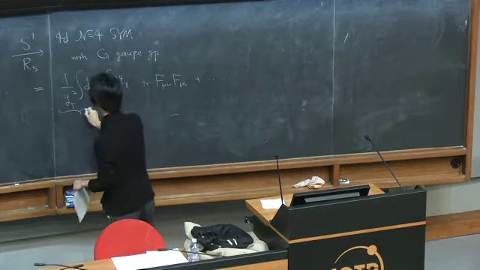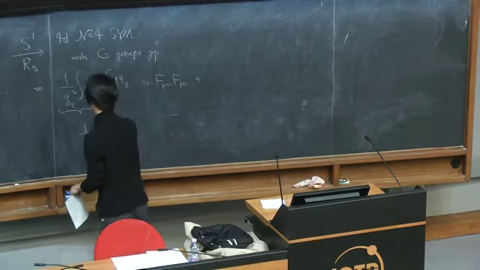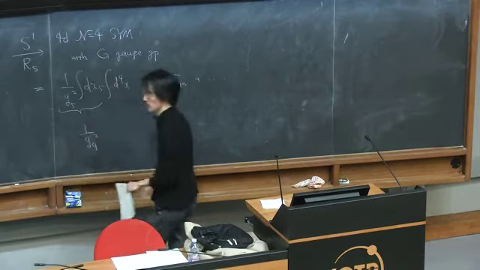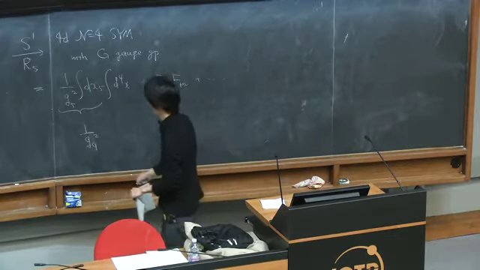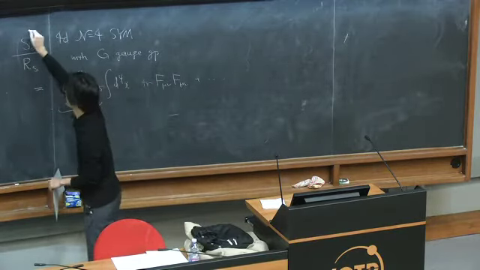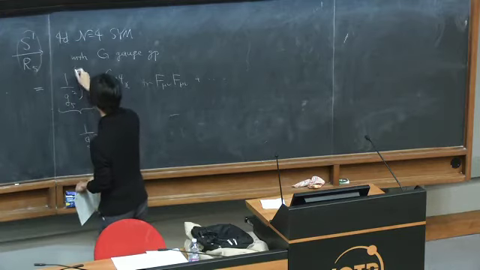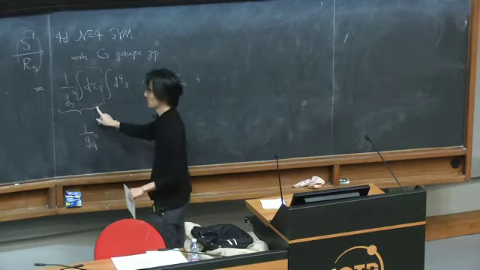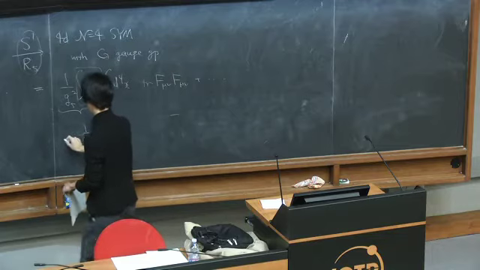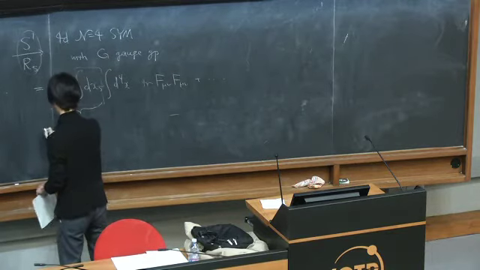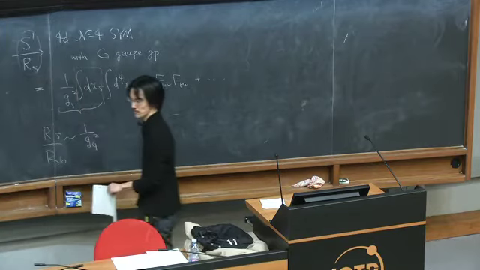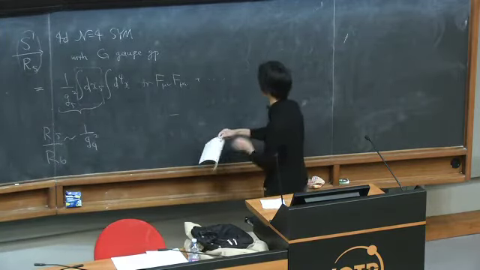But this total combination is 1 over G4 squared, the 4-dimensional Yang-Mills coupling. And if you compactify on a circle of size R5, this will give you a factor of R5. So this is roughly of the order R5 over R6, right? So this is what you get.